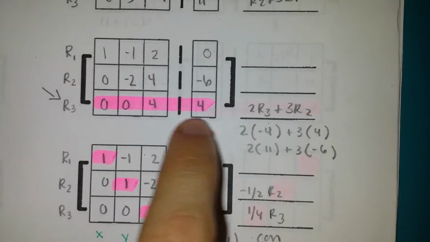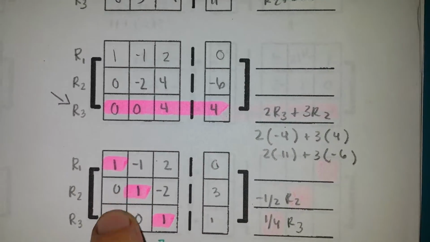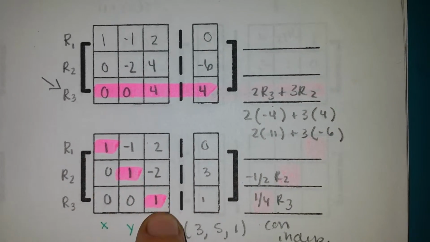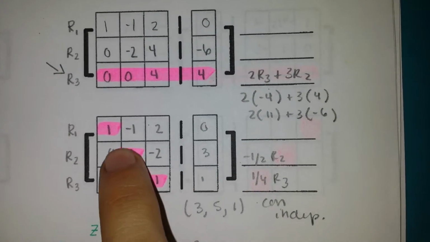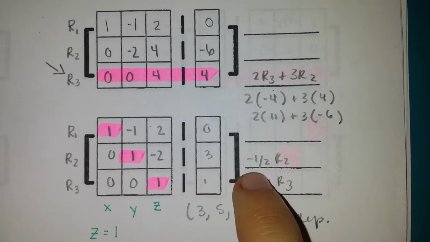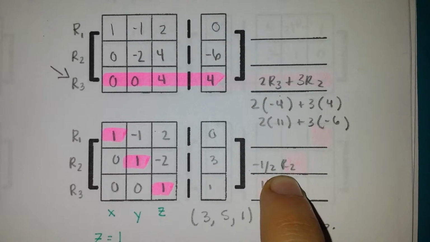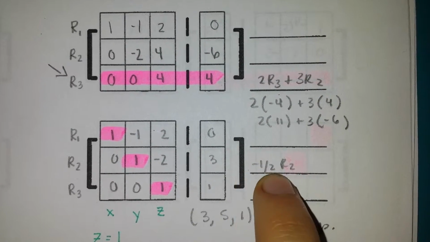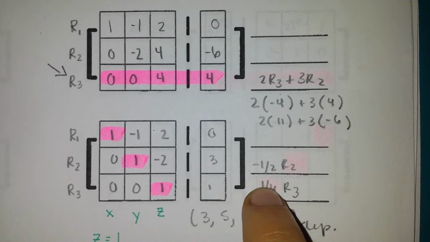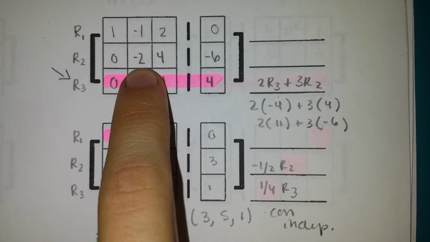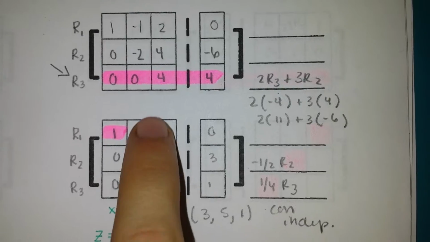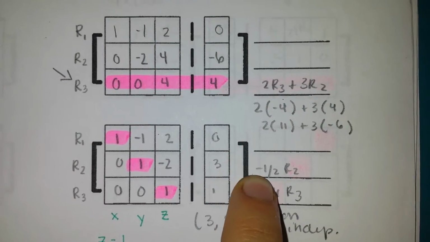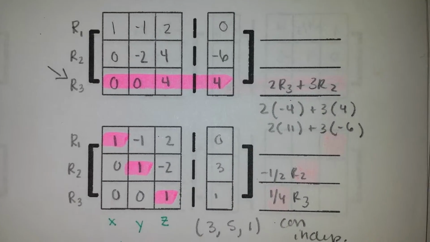Once we finally do that, we need the stair step ones. So in order to get the stair step ones, I got row 2 and I multiplied it by negative 1 over 2. And since I got negative 2 for row 2 and I need a 1, what I did was, again, multiplied it by negative 1 over 2.